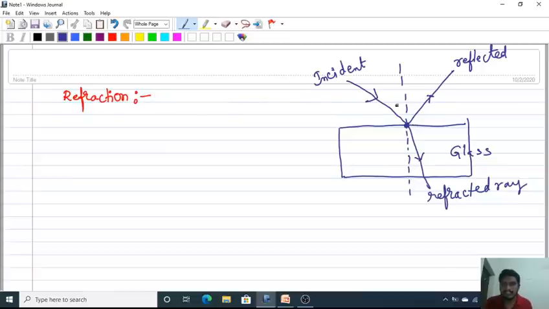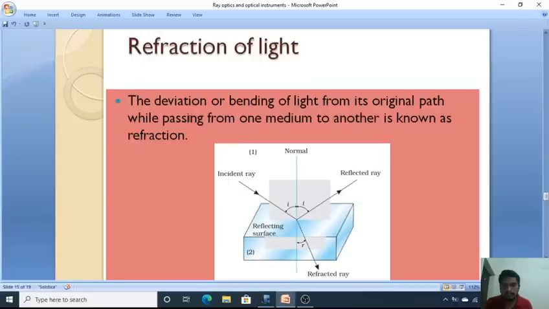This bending or the deviation of light from its original path while passing from one medium to another medium is called the refraction of light. You can see here the definition.